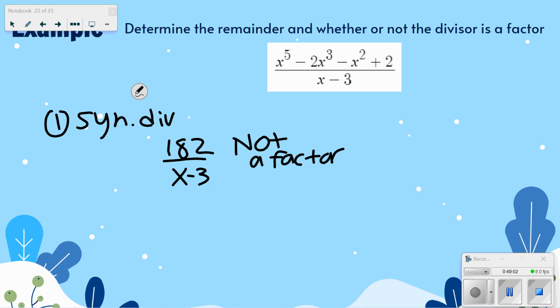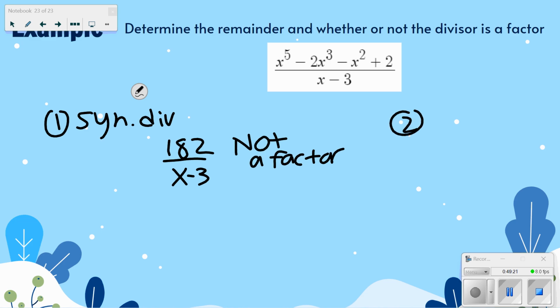Did somebody do something different besides synthetic division? What else could we have done besides synthetic division? Oh, yes, Evan. You get positive 3 and you just put it in for all the x's. Good job.